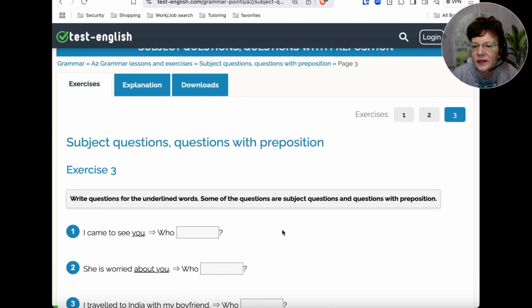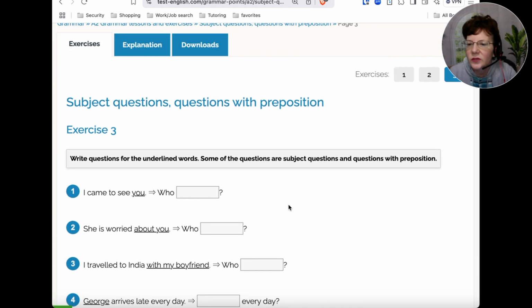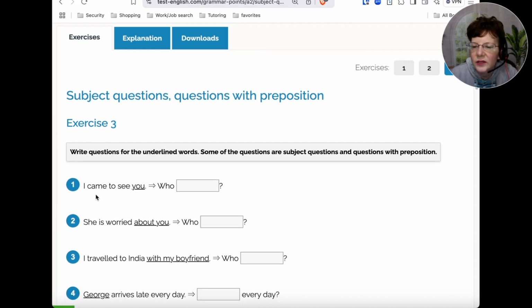Okay, number 3, the third exercise here. There we go, get it to change. Okay, so we'll do a couple. We're going to write questions for the underlined words here. Okay, so number 1, "I came to see you." So this is going to be the question for an object, you.